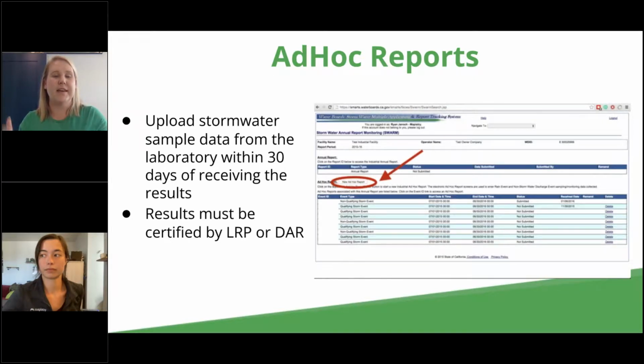And they also then need to be certified by your legally responsible person or duly authorized representative. If your legally responsible person is too busy to certify stormwater documents, look into that duly authorized representative option under the permit and add somebody else in there who can certify these results. It is a permit requirement to have them certified within 30 days of receiving it from the lab.